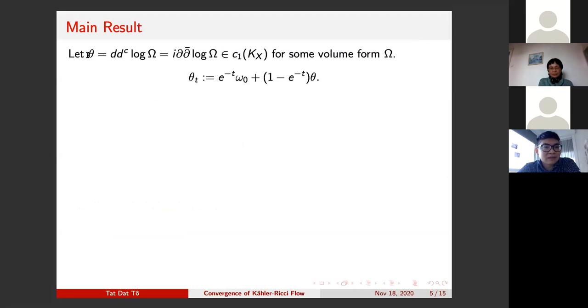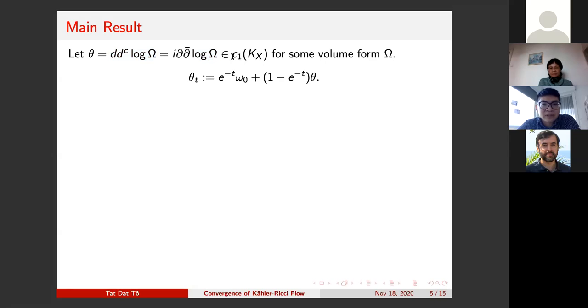Let theta be a (1,1)-form, which is determined by taking i partial partial-bar of the log of some smooth volume form, and which is an element in c_1(K_X). Denote by theta_t the family of (1,1)-forms defined by e^{-t} omega_0 plus (1 - e^{-t}) theta. Theta is this (1,1)-form. Okay.